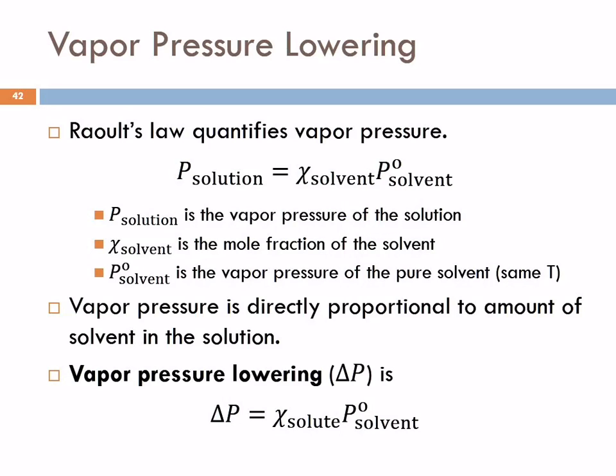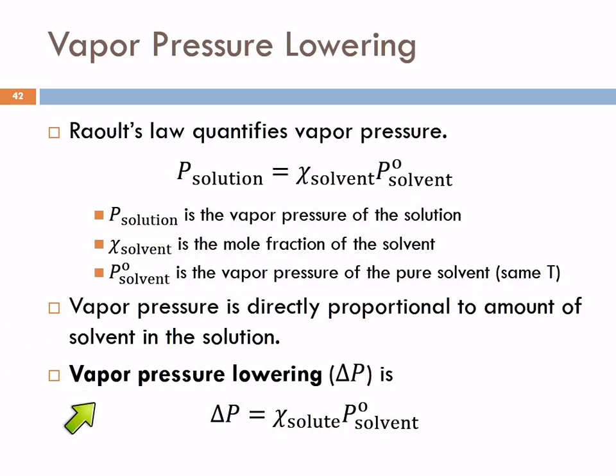But the less solvent you have, because you're essentially diluting it by adding solute, the lower the pressure of that solution will be. So the vapor pressure is directly proportional to the amount of solvent in the solution.